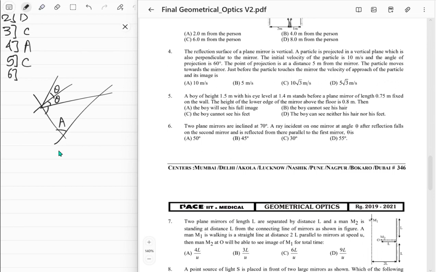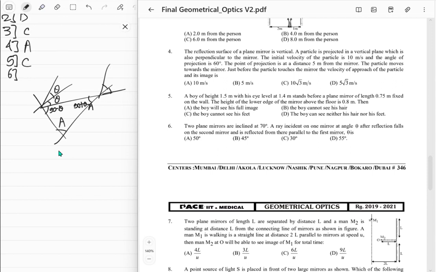You get 90 minus theta over there. This will be 180 minus that. So 180 minus 90 is 90, plus theta, and then minus A. So it's 90 plus theta minus A, in other words 90 minus A plus theta. It's going to go like that, so this is also 90 minus A plus theta.